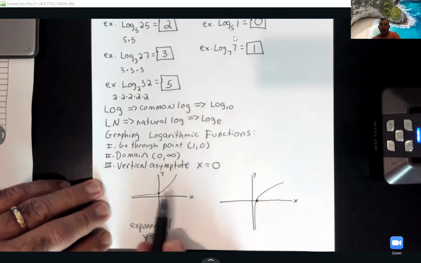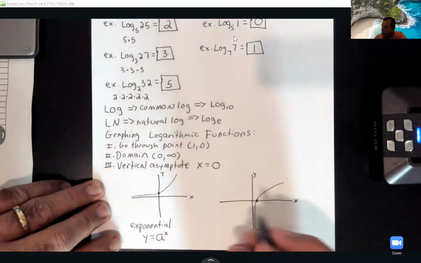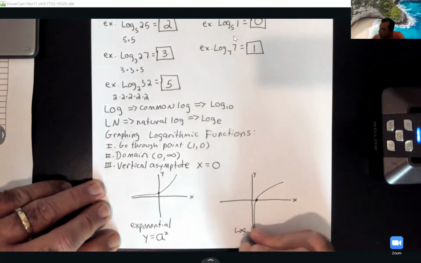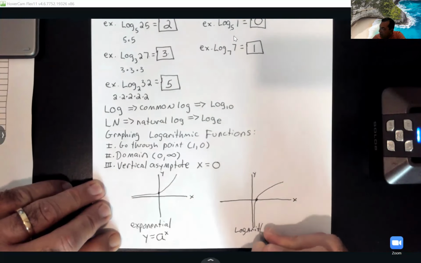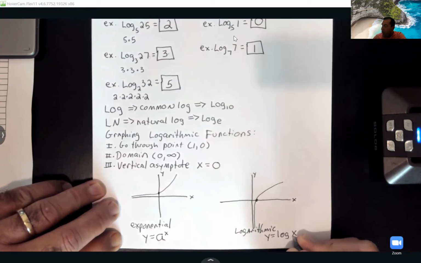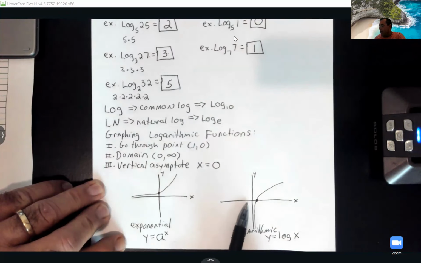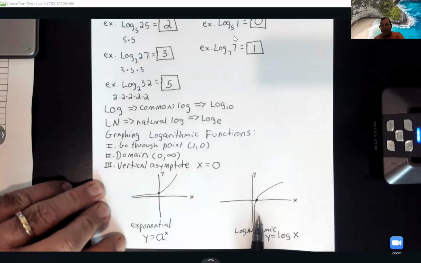Notice they're sort of opposite of these, and that's because these are inverses of each other. So this is our logarithmic, y equals log of x. Notice there's no graph on the left side for the logarithmics.